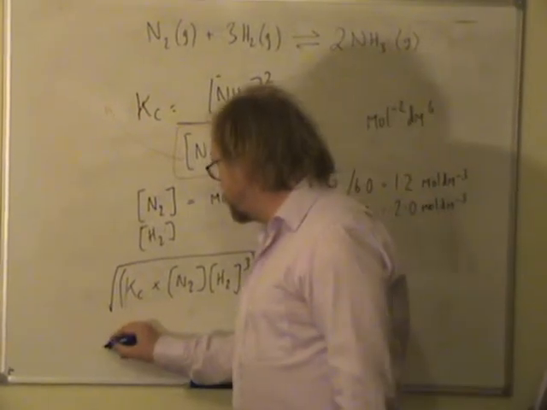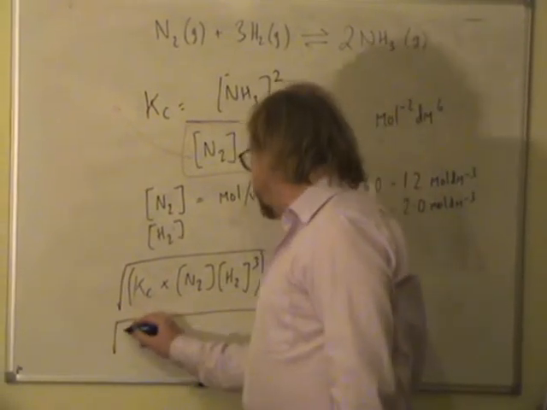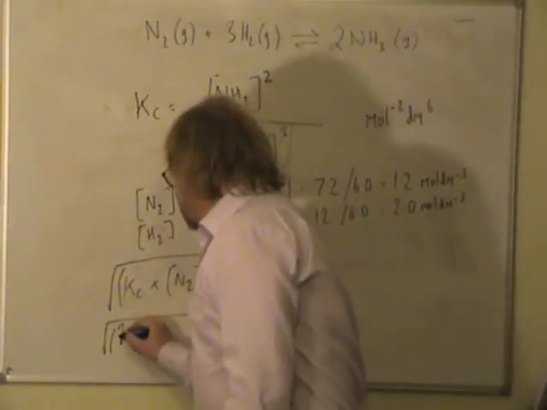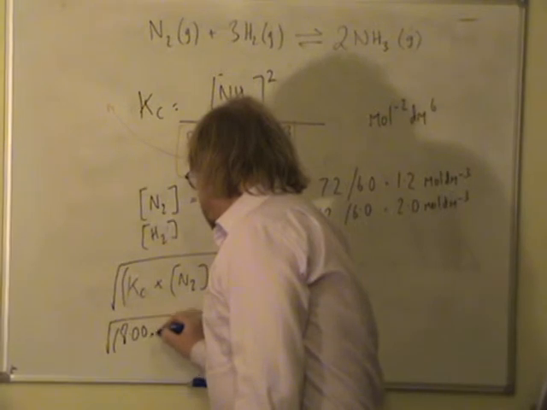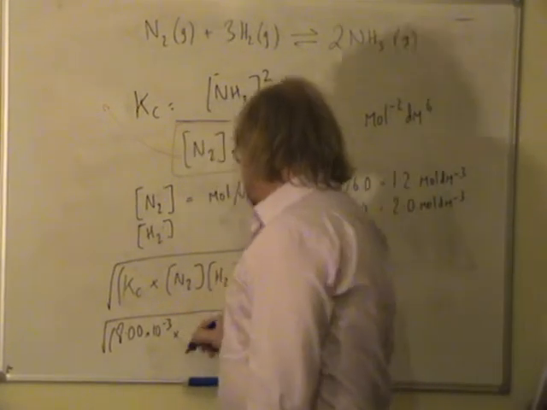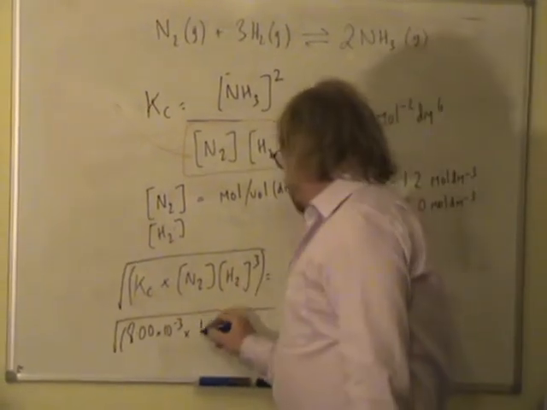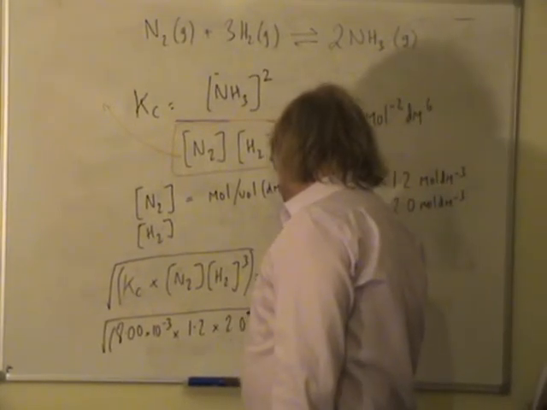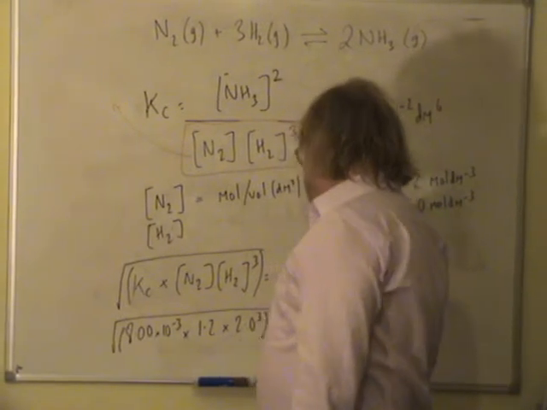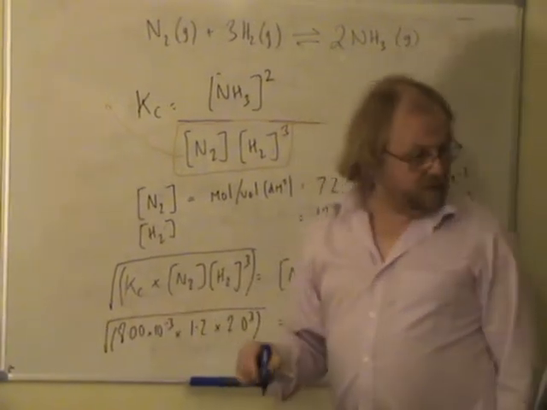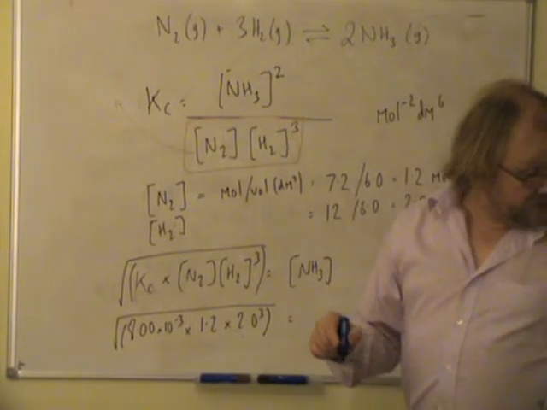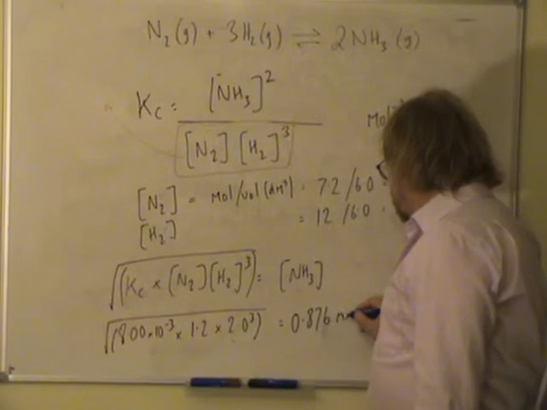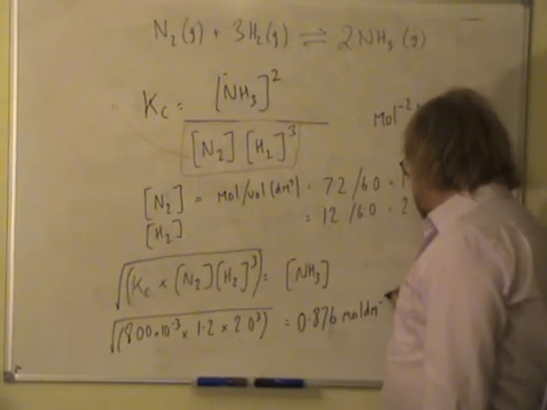So we plug the numbers into that, and we get the square root of 8.00 times 10 to the -3 times 1.2 times 2.0 cubed. So you multiply them all together and then find the square root, and you should find that that comes to 0.876 moles per dm cubed is the ammonia concentration.